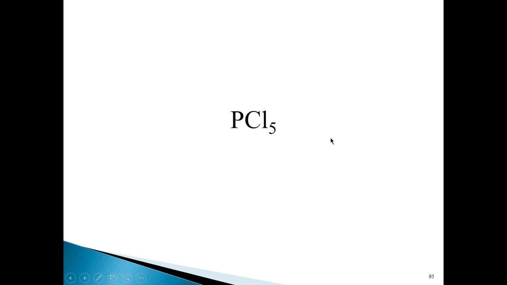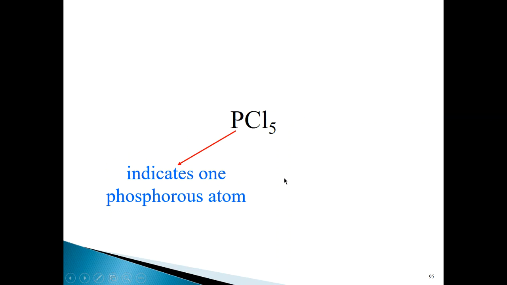Okay, here's another one, PCl5. Now this one, you'll notice that we have 1 phosphorus atom to begin with, followed by 5 chlorine atoms, right? So if you remember, we said that if the first element mentioned in the formula has only 1 atom in the molecule, then we do not use any prefixes for it, so we cannot use mono, right?